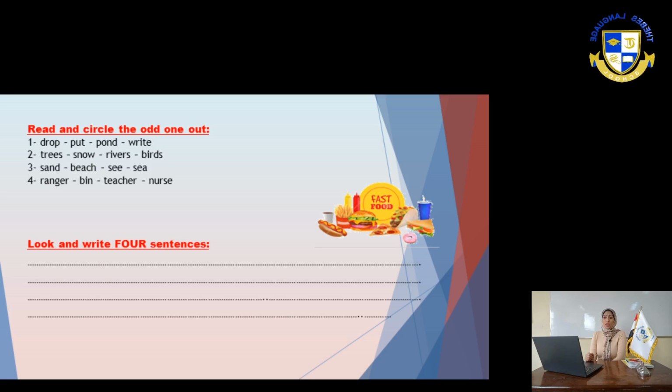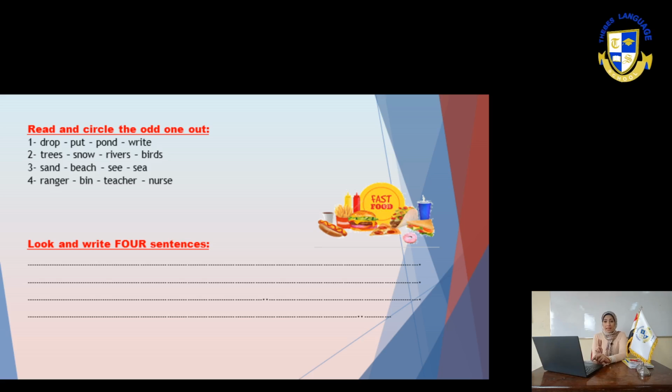Number 2, trees, snow, rivers, birds. Yes, correct, it's snow, because all of them are plural, but snow is a singular form. Okay, number 3, sand, beach, sea, and see. Here let's differentiate between these two.